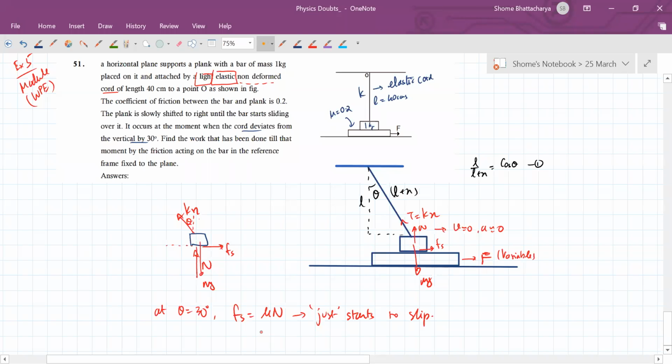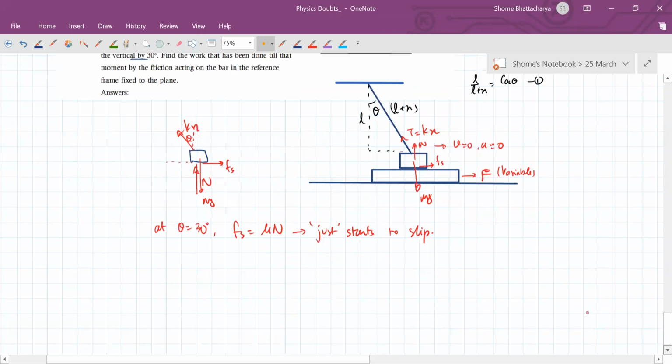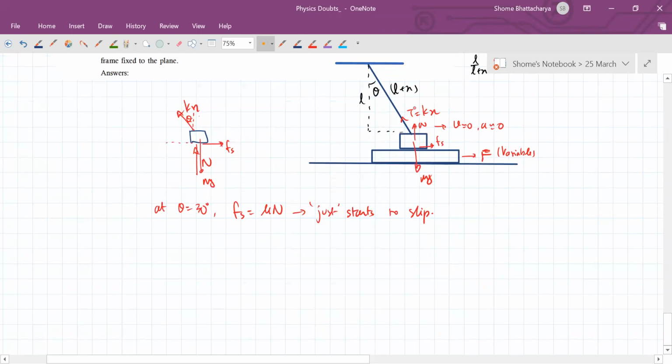From that we will get, first of all, geometrically, this equation is giving us L, which was 40 centimeters.